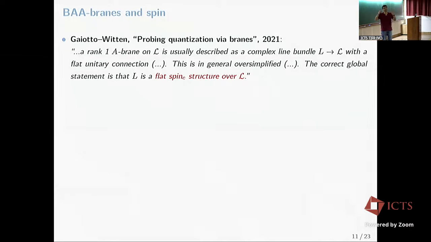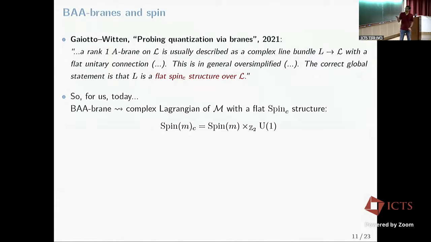That's it, some anomaly, and then they refer to a different paper coming from physics, so I don't understand that. But then they say the correct global statement is that L is a flat spin^C structure over the Lagrangian. So for us today, a BAA brane, we're going to follow their advice, is going to be a Lagrangian with a flat spin^C structure.